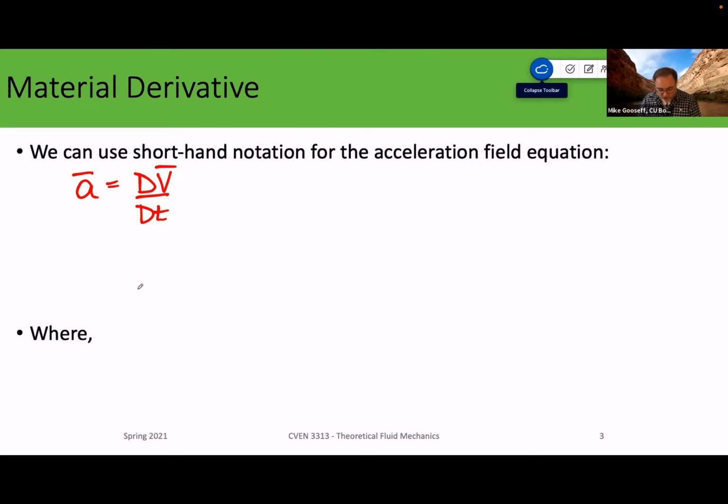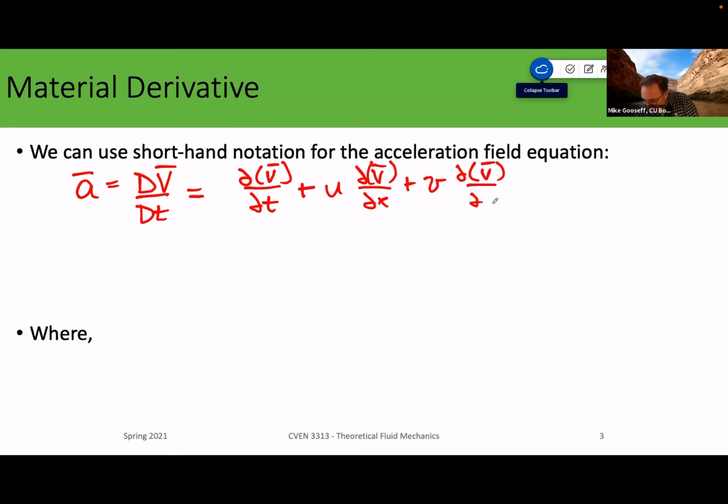So what we could write this out to be then is something like ∂v/∂t plus u ∂v/∂x plus v ∂v/∂y plus w ∂v/∂z.